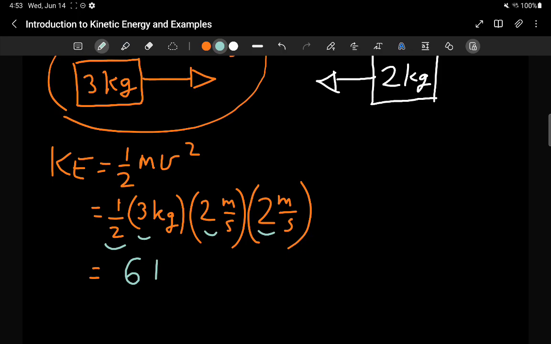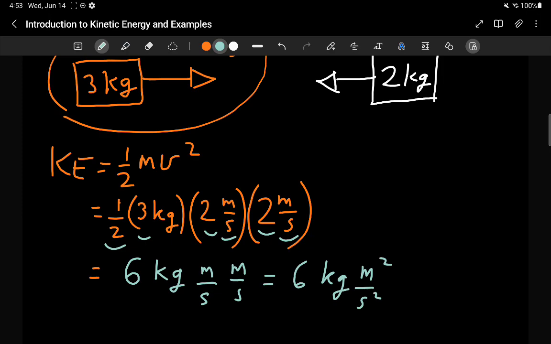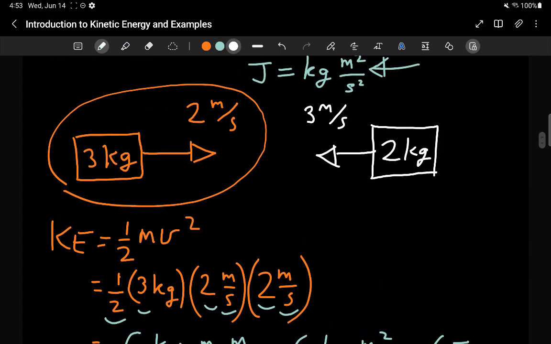And then the units are kilograms, meters per second, that's from the first one, times meters per second, that's the second one, right? And so this all amounts to 6 kilograms meters squared per second squared, which we know is called the joule, right? 6 joules. So let's do this one next. It's in white.